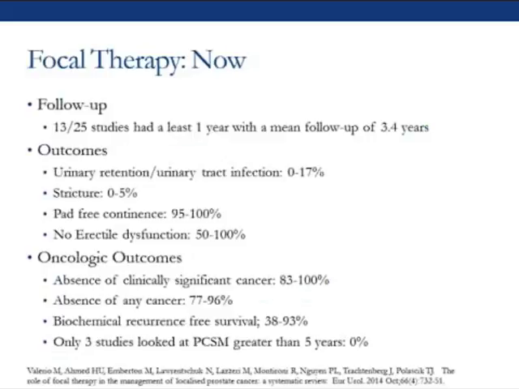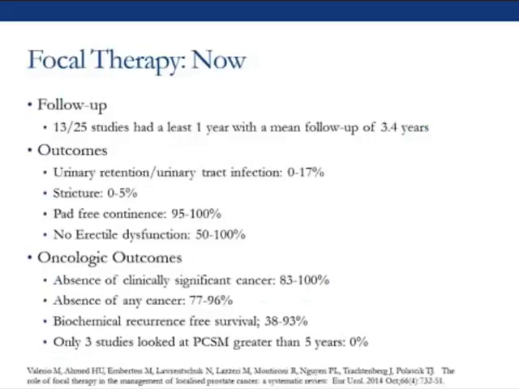Outcomes, side effect profile was okay. Retention, UTIs 0 to 17%, strictures 0 to 5%, pad-free continence and no erectile dysfunction ranged from, for pad-free continence, 95 to 100%, and erectile function ranged from 50 to 100%. And then looking specifically at oncologic outcomes, which is what we're most interested about, the absence of clinically significant cancer on repeat biopsy ranged anywhere from 83 to 100%.